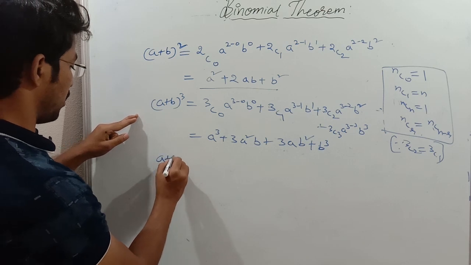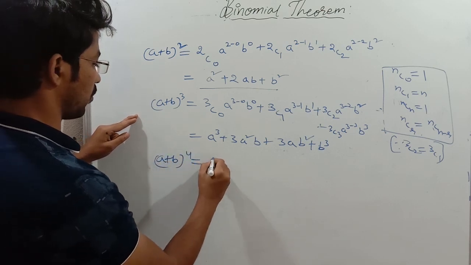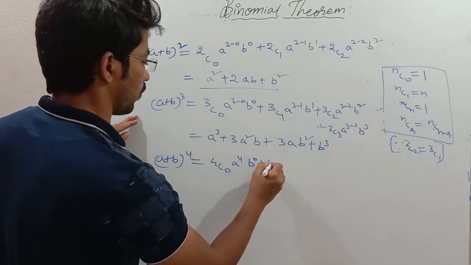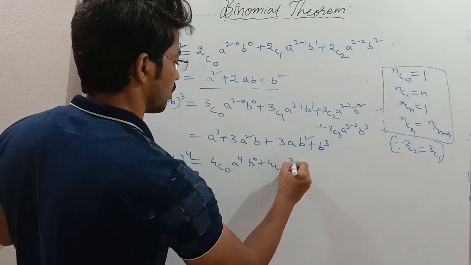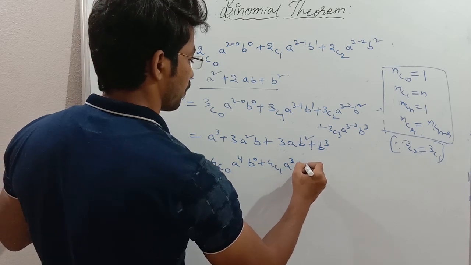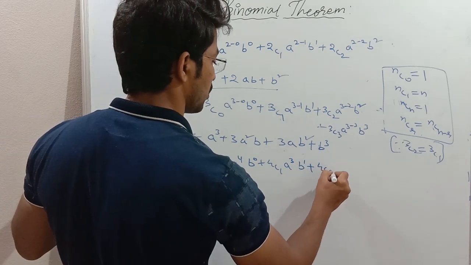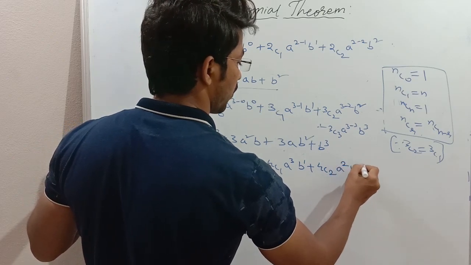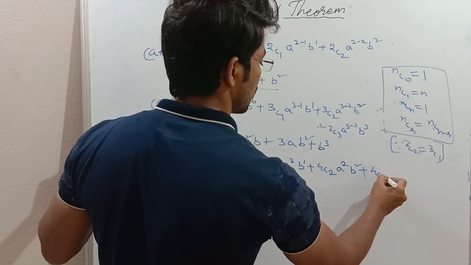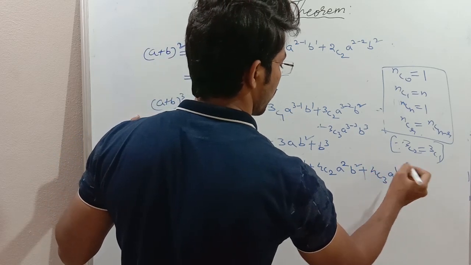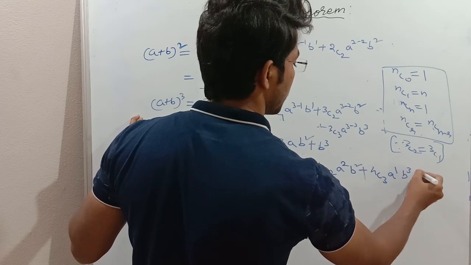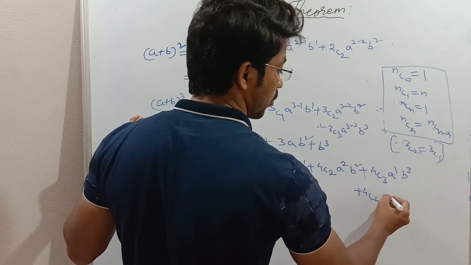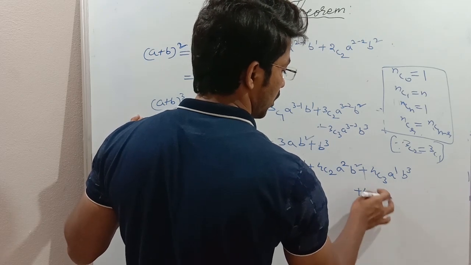Next, (a+b)^4 is equal to 4C0 a^4 b^0, 4C1 a^3 b^1 plus 4C2 a^(4-2) b^2 plus 4C3 a^(4-3) b^3 plus 4C4 a^(4-4) b^4, a^0, so value is 1.